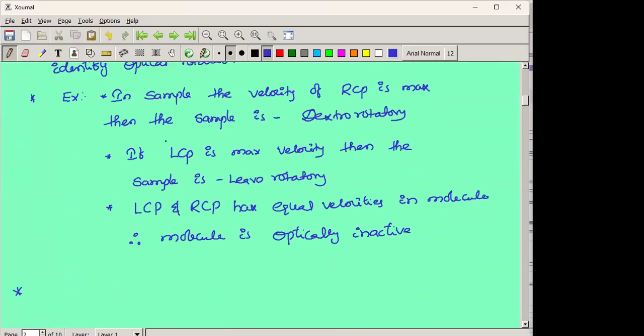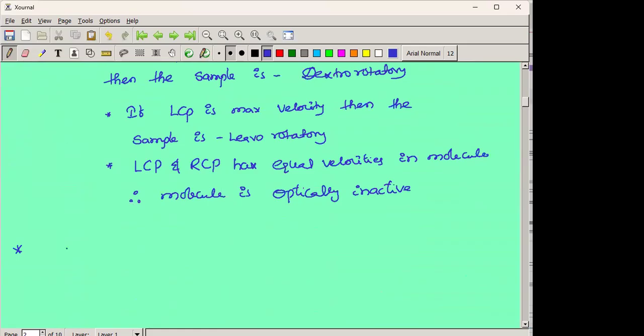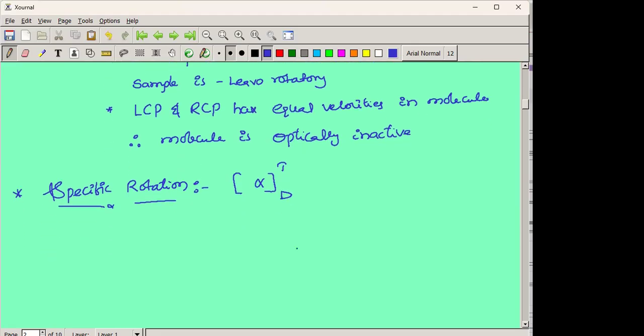Specific rotation is represented with alpha, with T as a superscript, because it depends upon the temperature of the molecule, and D because we use a deuterium lamp.